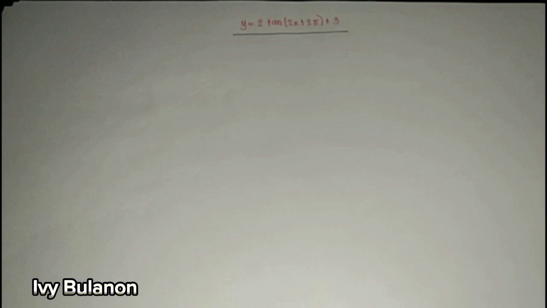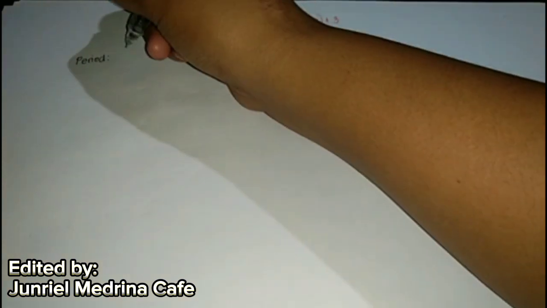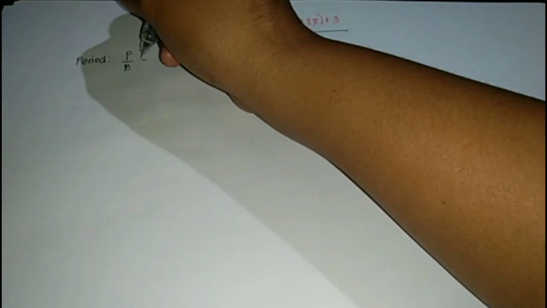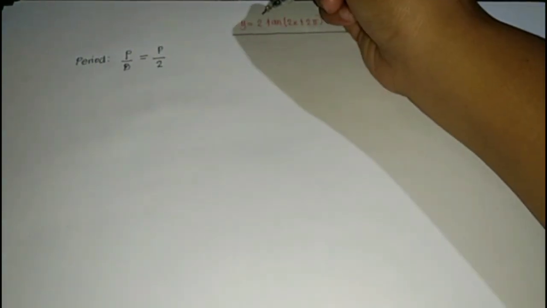For solving a tangent function, first we need to find the period, the x scale, the phase shift, and the vertical shift. In finding the period, we have 2π over B. As you can see in this equation, our B is equivalent to 2.